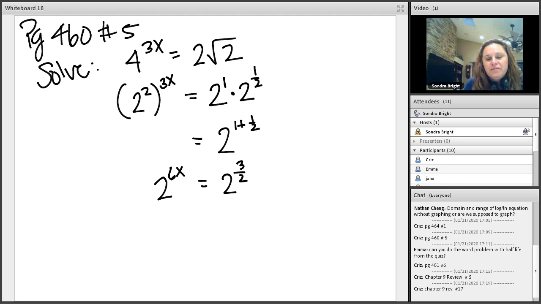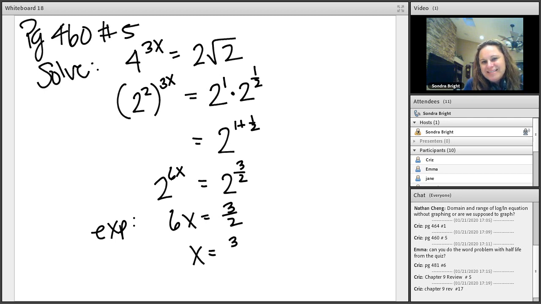And when the bases are the same, then you can set the exponents equal to each other. 6x is equal to 3/2. And then dividing both sides by 6, I'm going to write it as times 1 over 6, which is the same thing as dividing by 6, so that I can see that, oh look, 3 goes into 6 2 times, and so your answer should be 1 over 4.